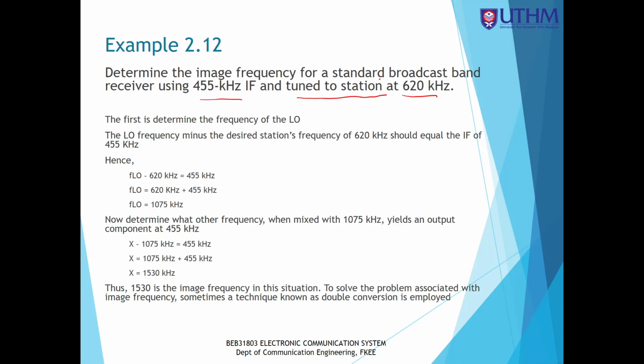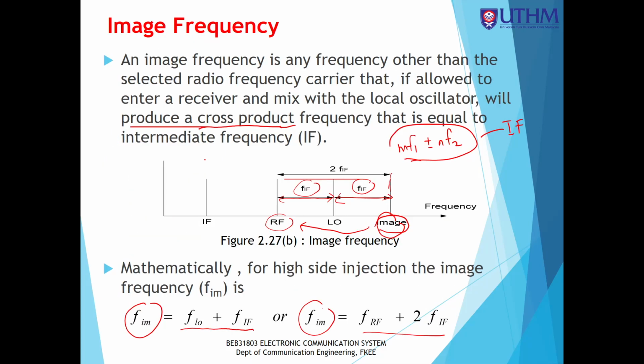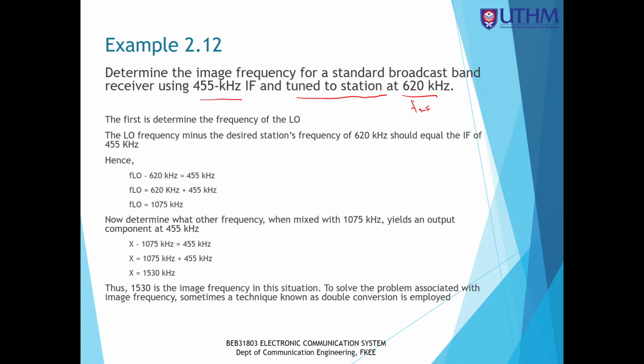When you tune your radio to a certain frequency, that frequency is FRF. We want to find the image frequency. You can use either of the two equations given in the previous slide. So you can find it using this equation, F image equals FRF plus 2 times FIF.